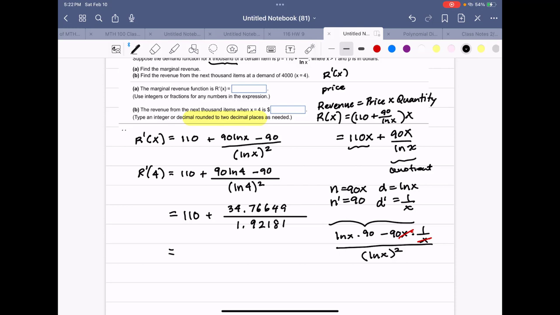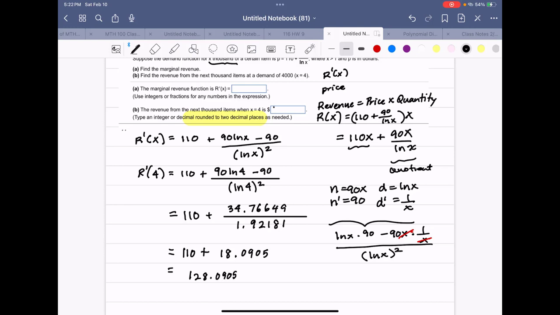And so that's 110 plus 34.76649 divided by 1.92181 is 18.0905. So add 110 to that, and we have 128.0905.